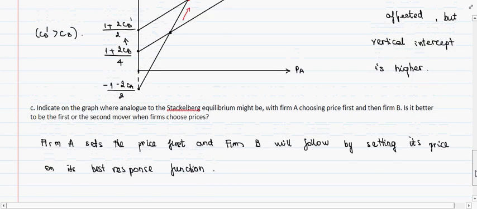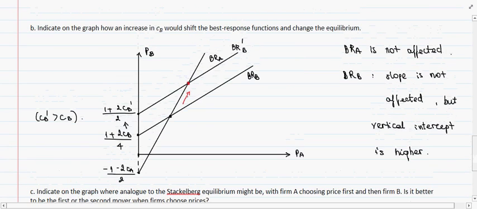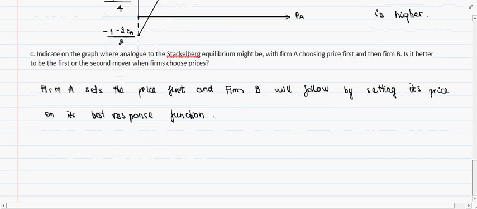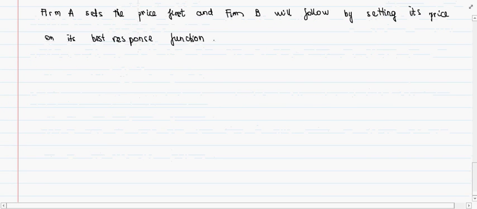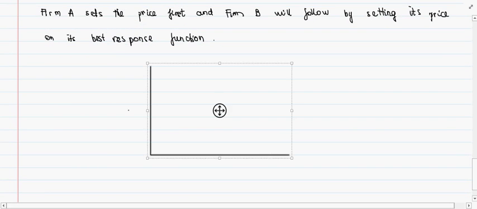Okay, so now if I'm going back to my diagram over here, maybe I'll just draw another one to make it clear. I'm just going back to the original case where there isn't any increase in CB or anything. So I've got PB over here and PA over here.